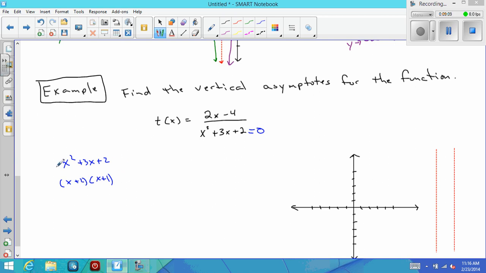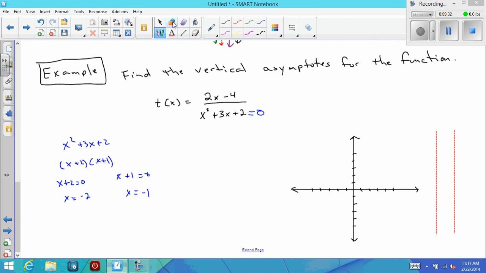So you can enter the values in for A, B, and C into the quad 3 program and get your factors. Now the zeros for these two factors, when you set each one equal to 0, you would get x equal -2, and for x plus 1 equal to 0, you would get x equals -1.